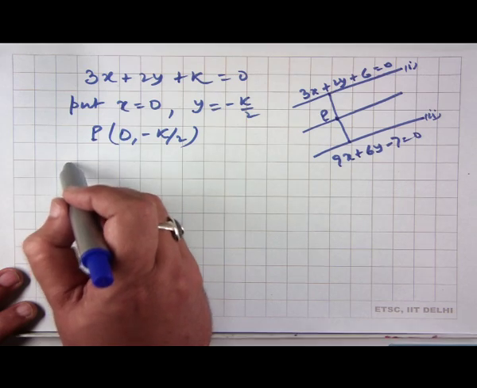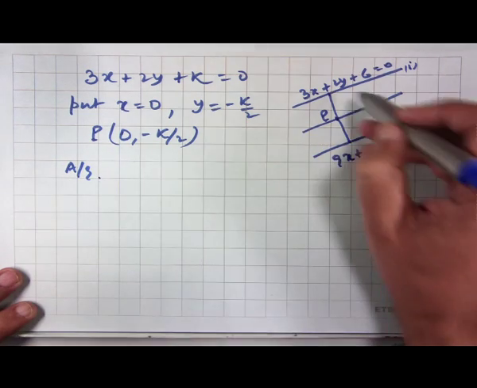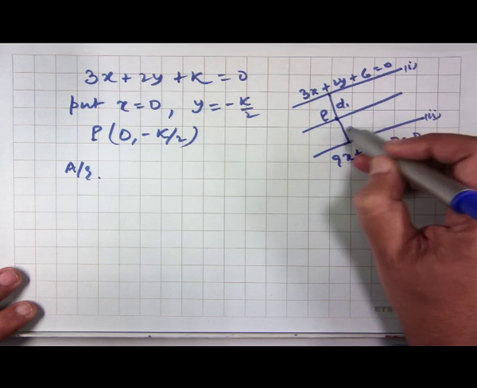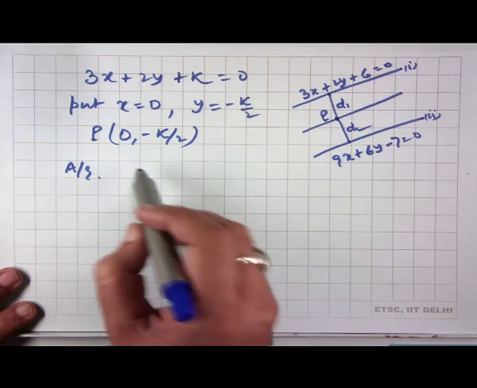So according to the question, D1 and D2 are equal.